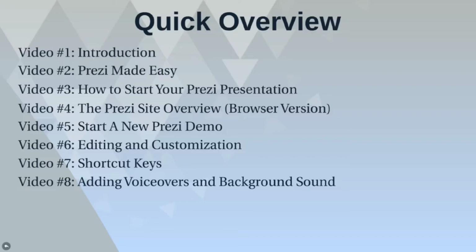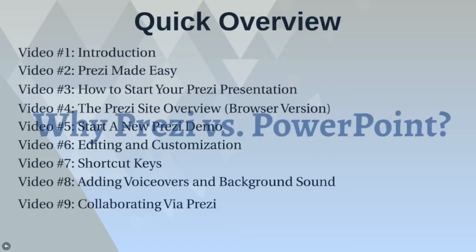So we're obviously going to be using a different software to do that. But that said, I'm going to show you how to do that. And of course, last but not least, video number 9, we're going to show you how to collaborate via Prezi. So how do you collaborate via your team, either in the sense of putting it all together or maybe collaboration in terms of learning. So we'll show you more in just a second.